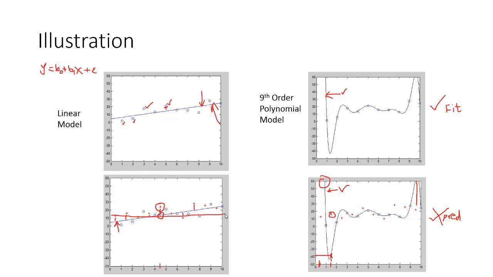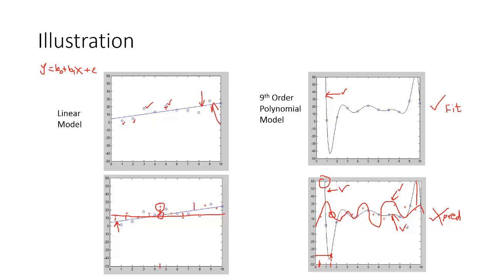Maybe the line would have looked a little bit like this. But think about what you might have done with the complex polynomial. You might have created a completely different polynomial function that again goes through all the red data points. But if for one sample you create one story and for another sample you create a completely different story, then maybe the way you're doing things is not really accurate.